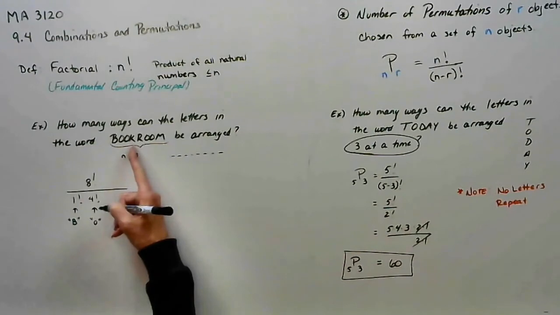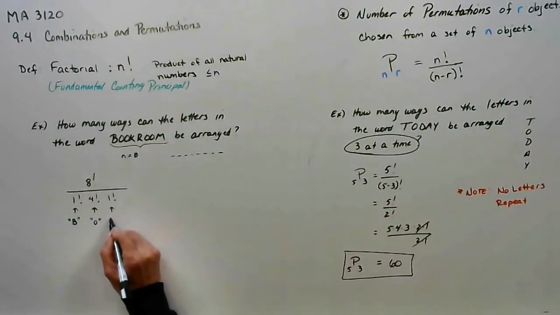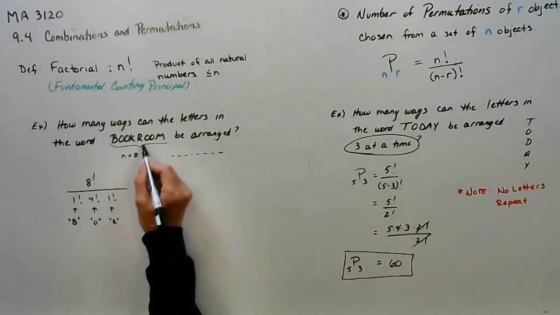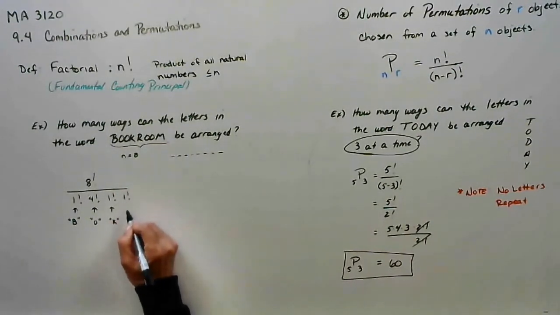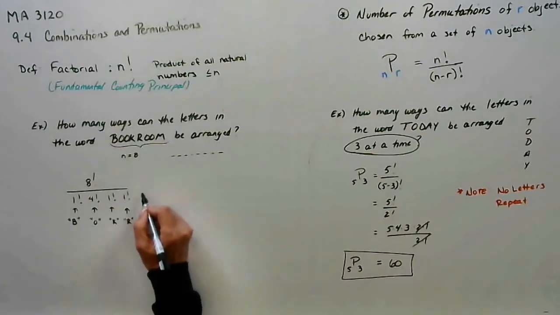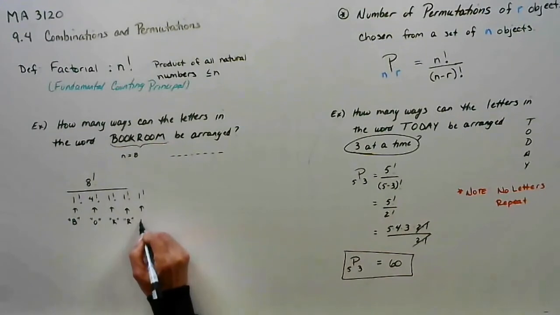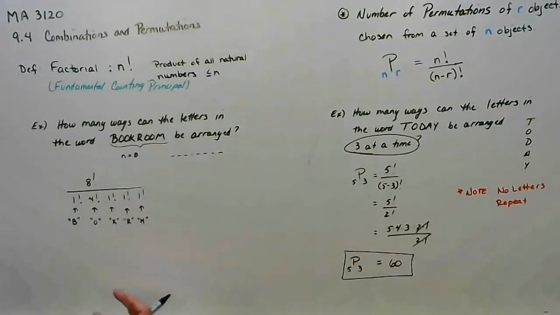If I keep going across, I have 1 K, I have 1 R, and I have 1 M. So I know that 1 factorial is just 1, but I just wanted to show you, this is the way it's easier for me to think about it.